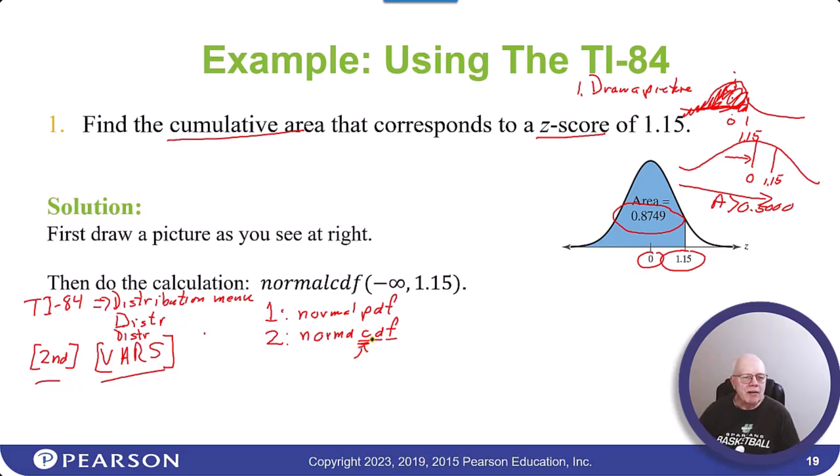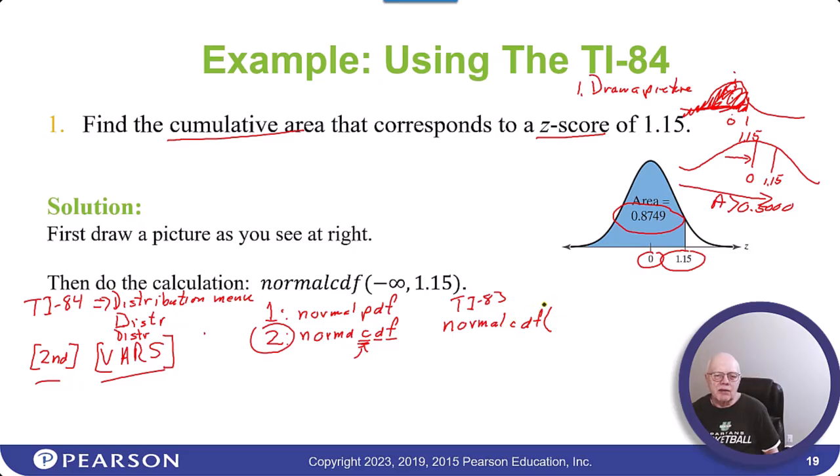Now, once you're there, I'm going to give the instructions in case someone has a TI-83. If you have a TI-83, this is what you'll need to do. As soon as you hit the 2 to get the normal CDF, on your screen, you'll see normal CDF and a left parenthesis. If you have the TI-84, follow along because you actually get a menu, so it's easier for you.